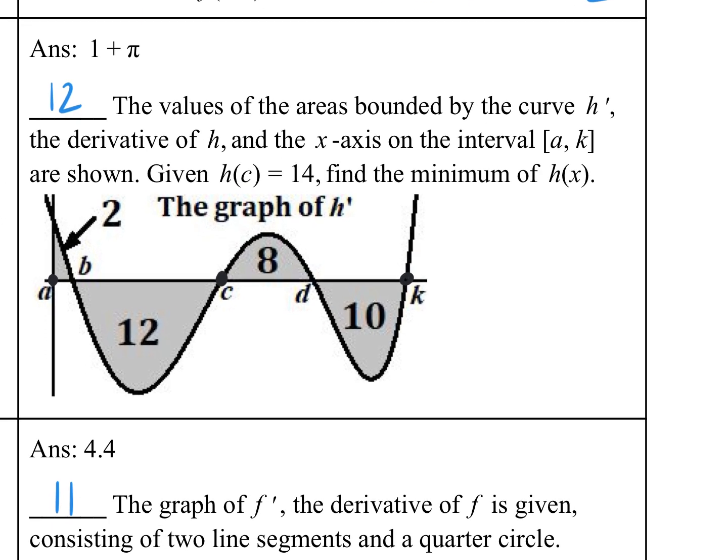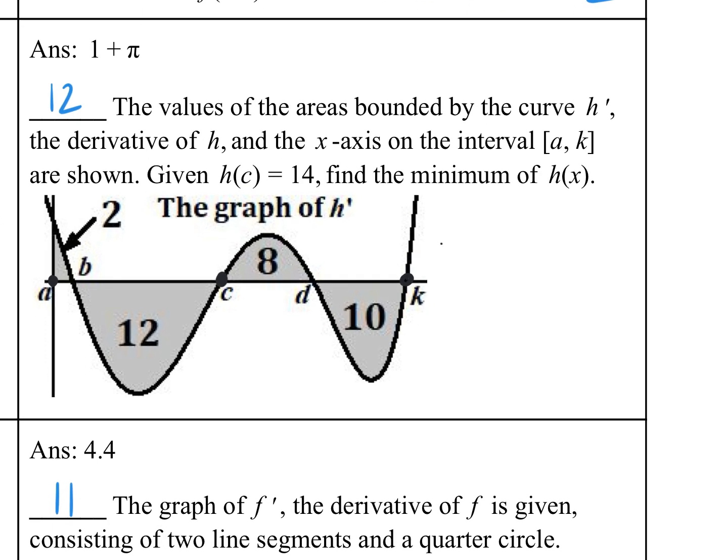So I can use my fundamental theorem of calculus. So I can say that the integral from a to c of h prime of x is going to equal h of c minus h of a. So this left-hand side here is the accumulation from a to c.